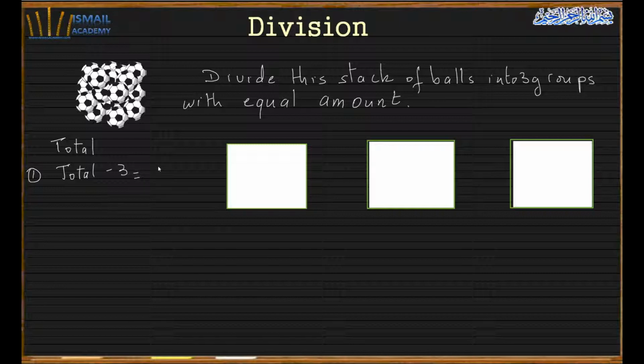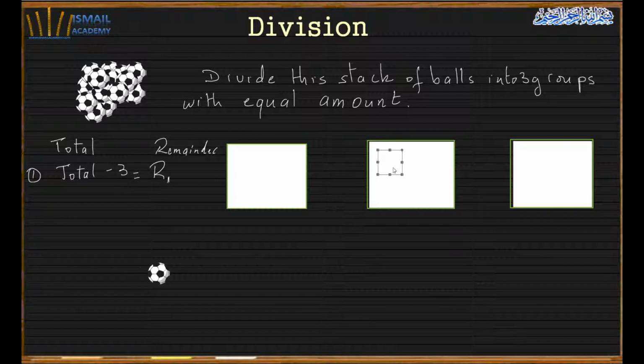I will have a remainder, so let's name it R1. I reduce by 3, and whatever is left now is my first remainder. Then what I do next, I put each ball into the box.